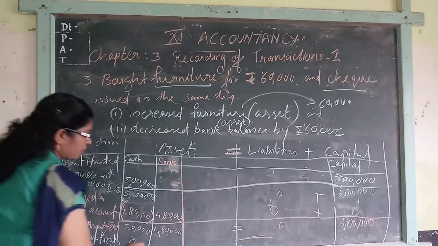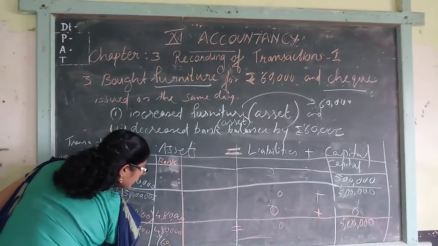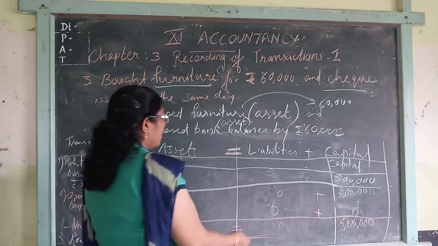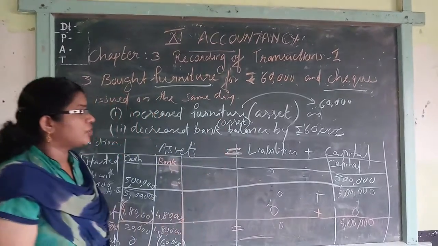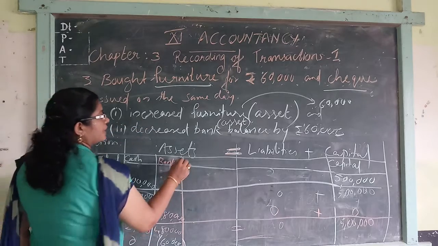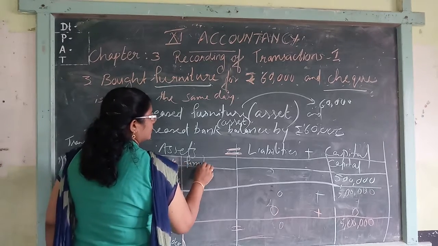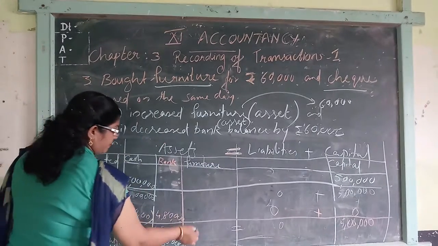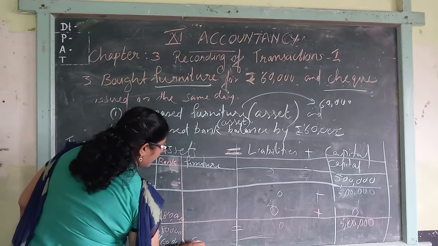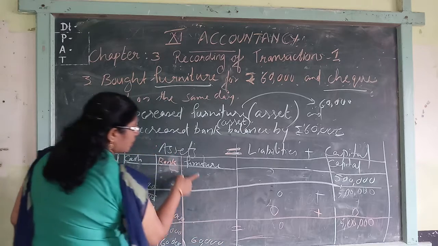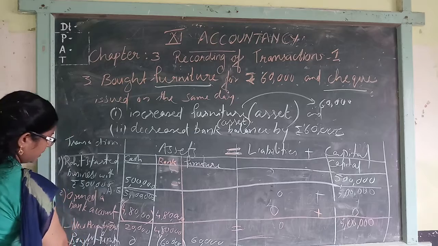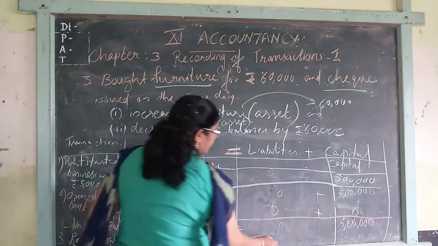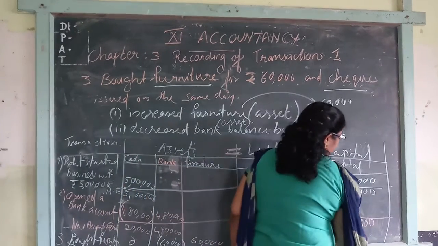So put it in brackets, 60,000. Second one, furniture, that is also an asset. So you write here furniture, increased by value 60,000. Don't write it here or there. The third transaction, you will write on the same line. There are no liabilities affected, no capital affected.